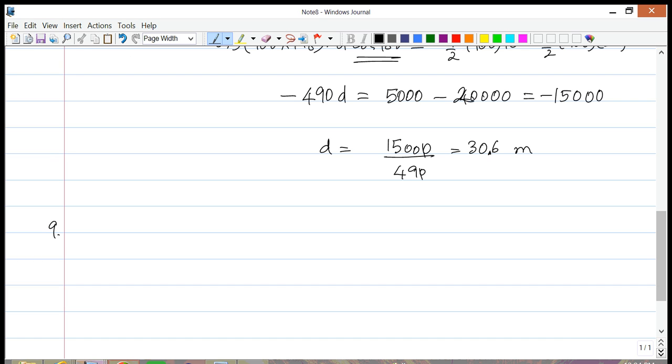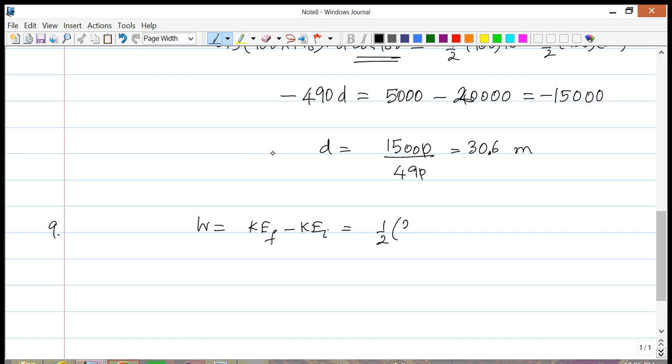Problems 9 and 10 are identical problems, so I'm just going to do 9, and then you guys can go ahead and finish 10. Number 9 says, determine the amount of work done in stopping a 3000 kg vehicle moving with a speed of 20 meters per second. Once again here we're going to utilize W equals KEF minus KEI. Since the forces are not given, I can't use F d cosine theta, but I've been given the initial and the final speed along with the mass of the object. The final speed is 0 and the initial is 20.